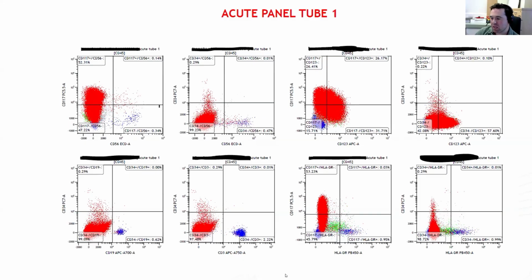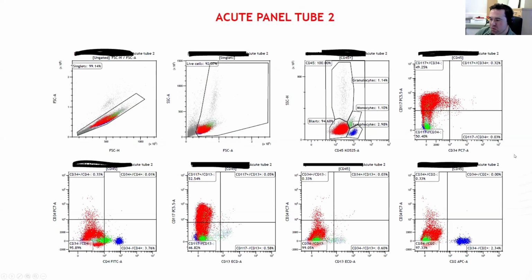Now, we're seeing here HLA-DR negative and CD34 negative. And if you remember from the FAB classification that we showed a while ago, HLA-DR negative, CD34 negative, 117 positive, and CD33 positive showed up as promyelocytic or APML. So we'll continue to look through.